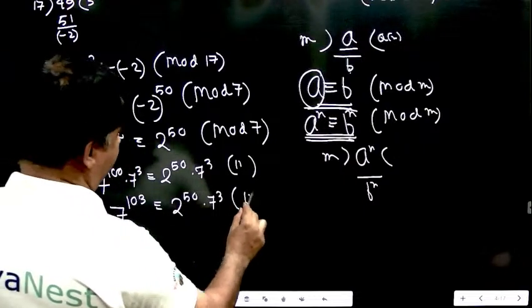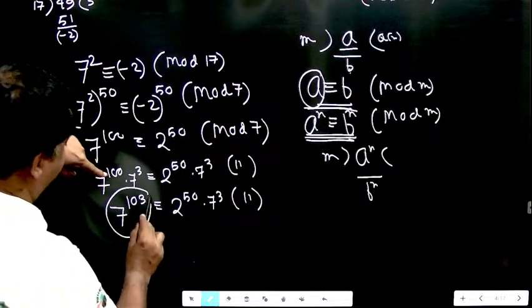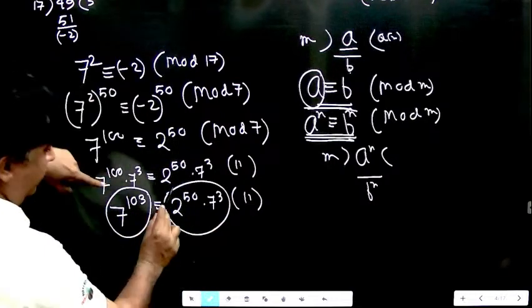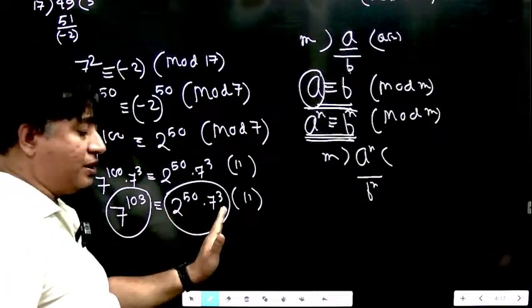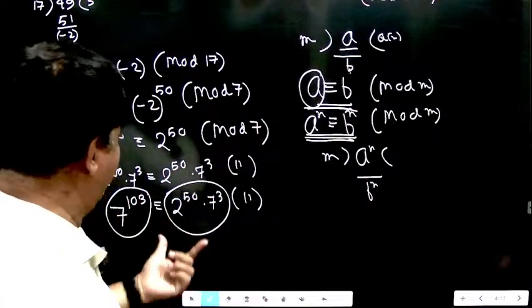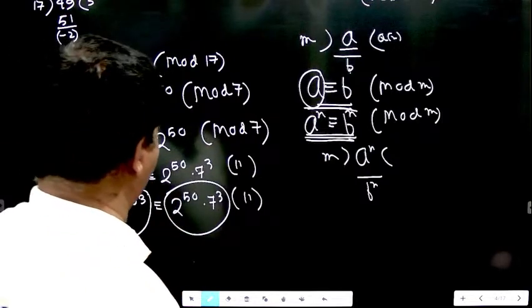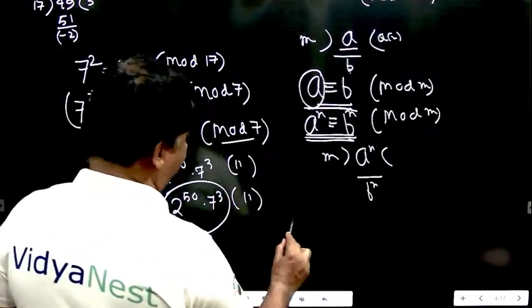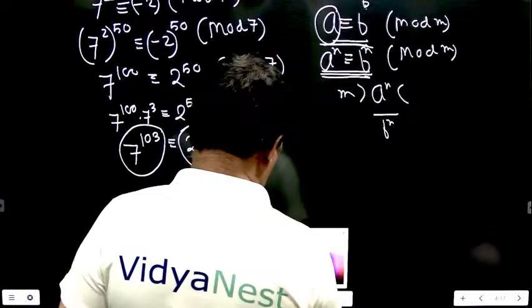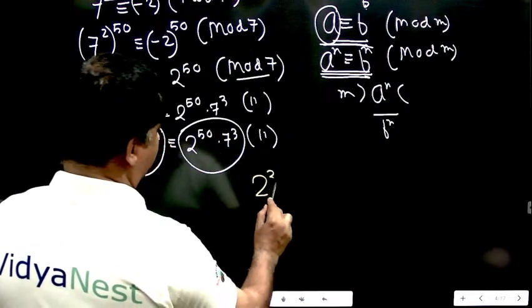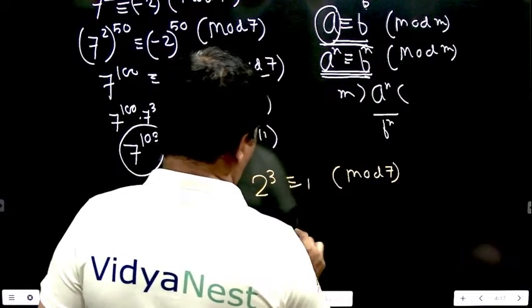Now the dividend is reduced to this, and I will divide 2 to the power 50 into 7 cube by 17. See, 2 cube, if you divide it by 7, remainder is 1.